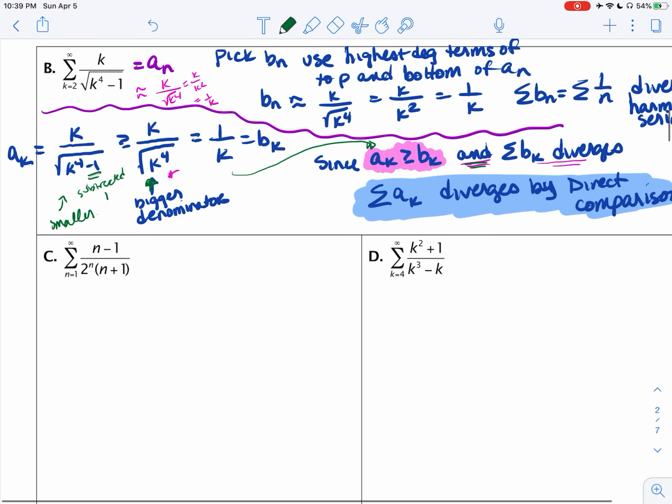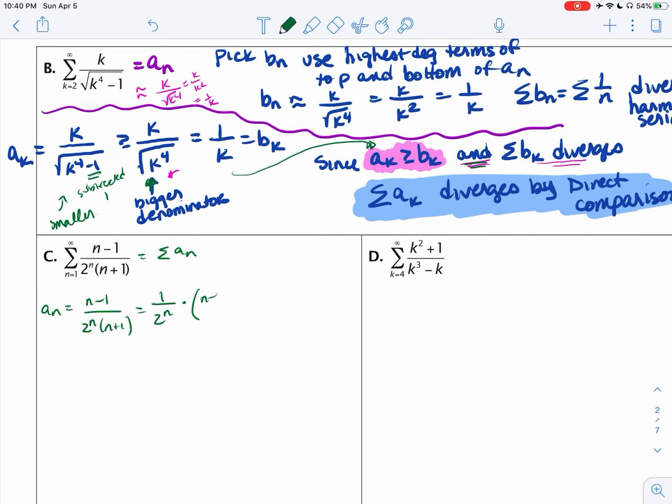All right, these are going to get a little bit tricky, but I can see here, this is my a sub n, and I'm going to look at a sub n equal to n minus 1 over 2 to the n times n plus 1. That's going to equal 1 over 2 to the n times n minus 1 over n plus 1.